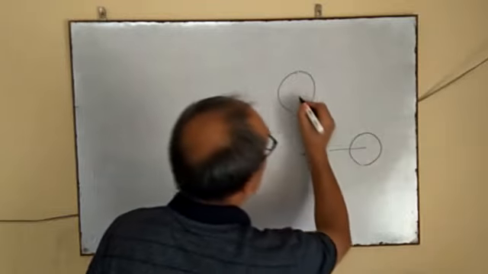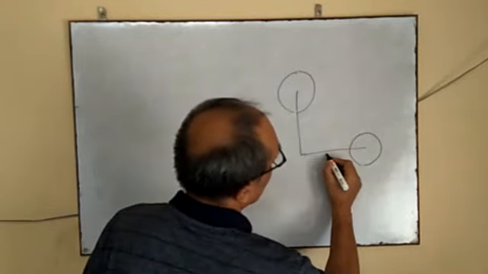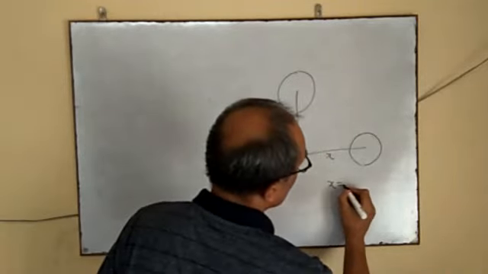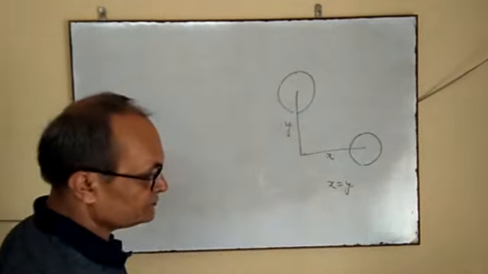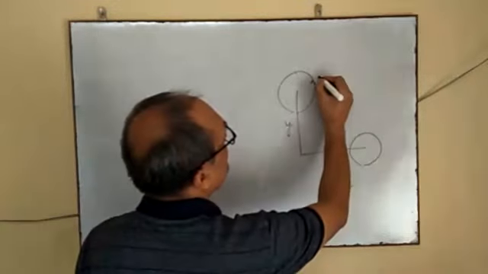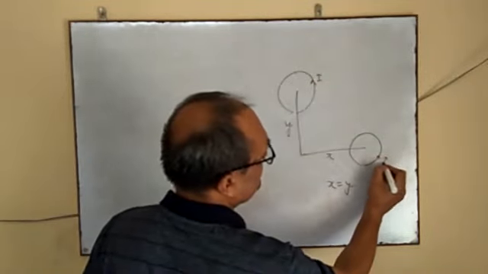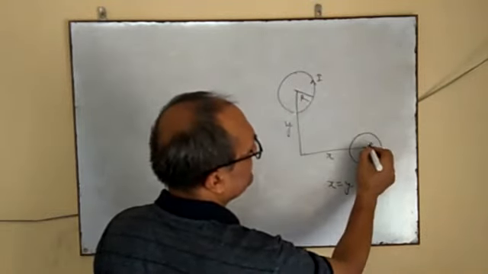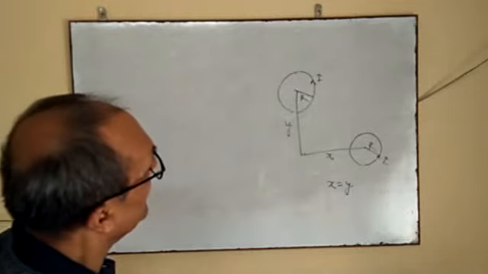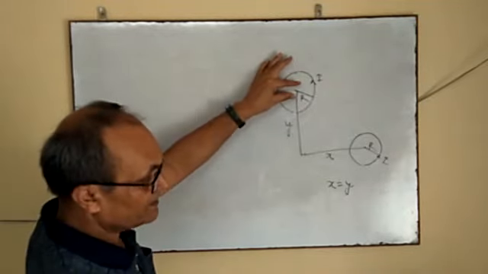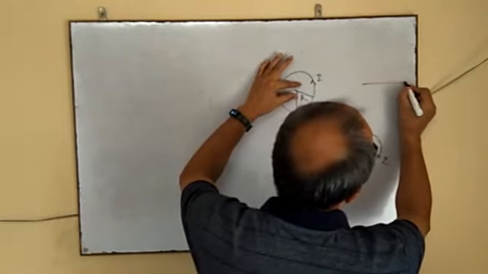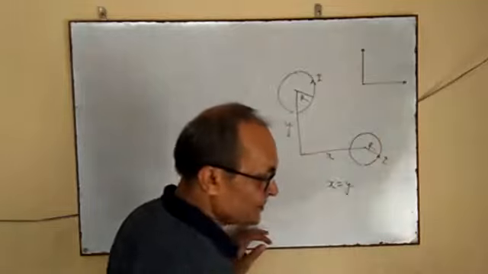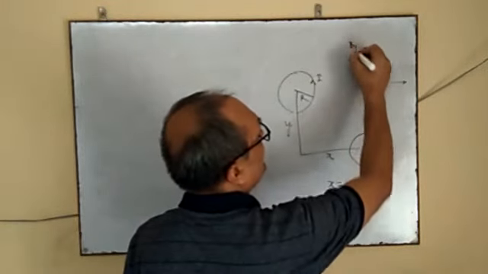From here its center, and its center is here. So this distance is x and this distance is y. Suppose x equals y. Both have the current I. Both have the radius r. Now its magnetic field will be in this direction, and its magnetic field will be in this direction. Suppose it is B1 and it is B2.